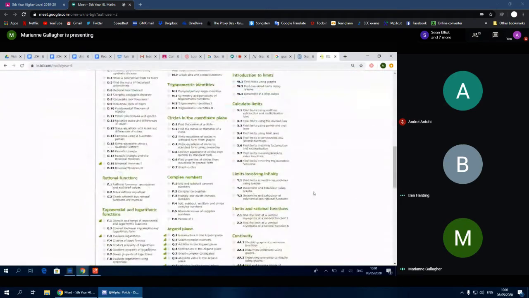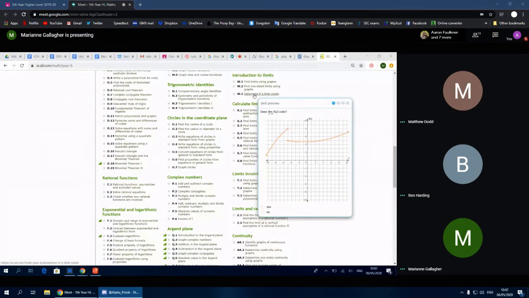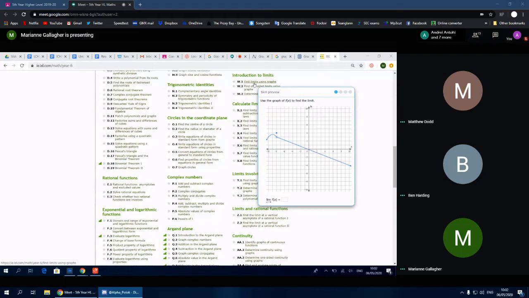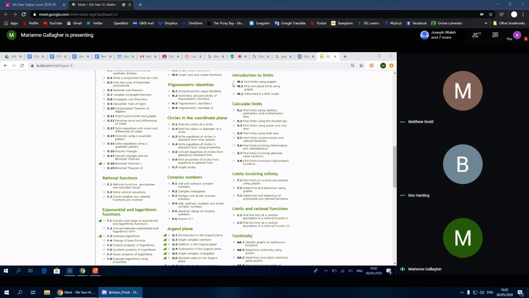It's in the 6 years skills again: find limits using graphs. We're just going to do simple ones, W1 and W3.